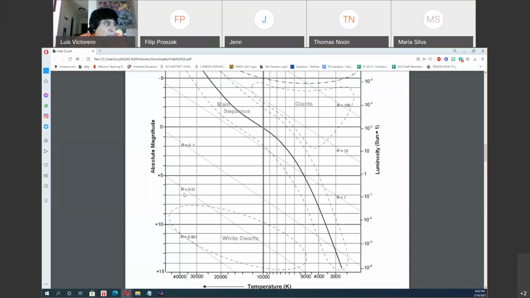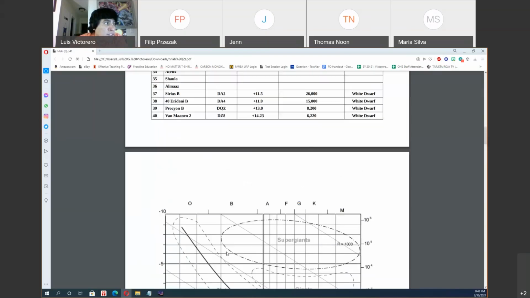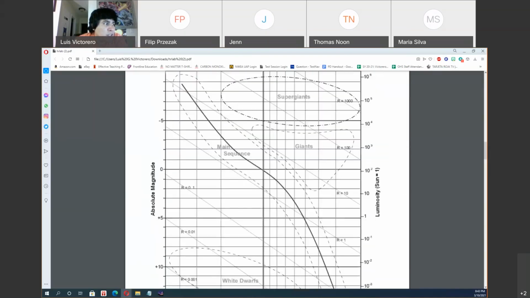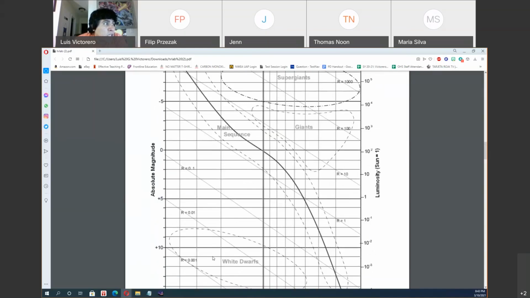So as you expect, a white dwarf has a radius between 0.001 and 0.01, that range. So you are going to locate these white dwarfs in here. And then, well, the sun, R 1, luminosity 1, it intercepts around here.